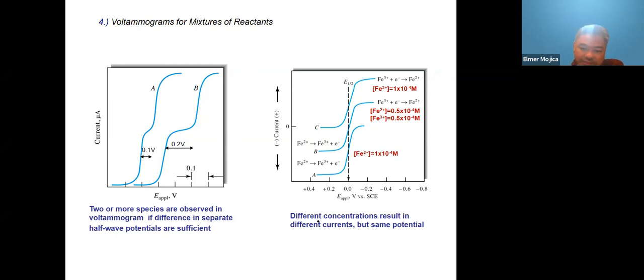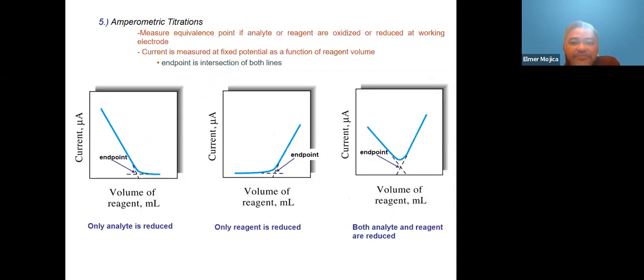Or you can also have different concentrations, okay, that result in different current but the same potential. So what does this mean? Okay, you could say that they're just the same species of different concentration. Now, yung basis nung sugar meter na meron tayo, it is something to do with amperometry.